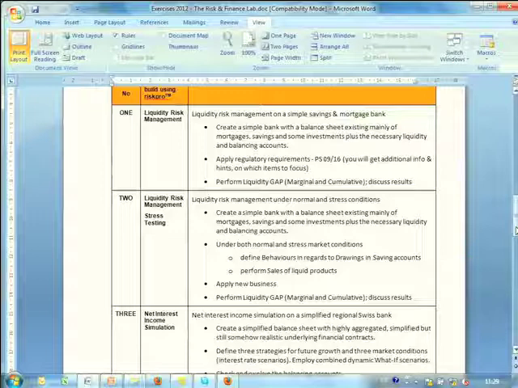That's the task here. Task 2, again liquidity risk management, and here the focus is on stress testing. Of course, stress testing is also part of this FSA paper, but here we focus very much on it. Again, a simple bank, similar to task 1, and you have to focus on the balancing accounts.